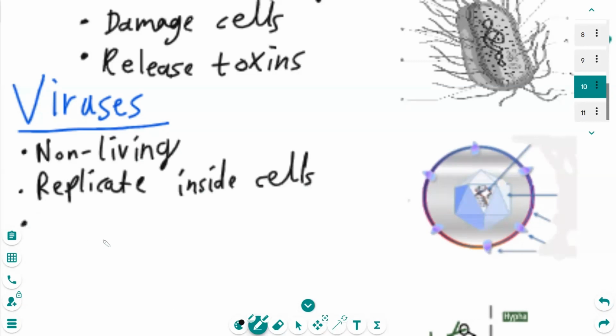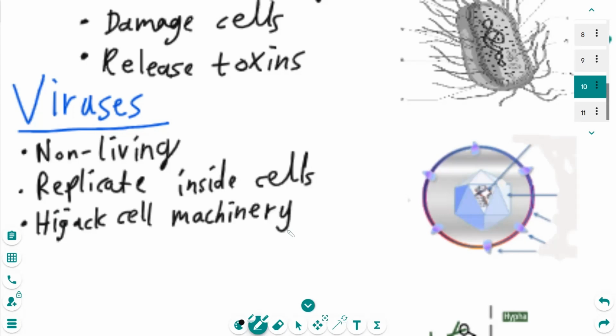And they cause many different diseases. They hijack cell machinery and use that to effectively take over the cell. So they take over the machinery that allows them to replicate themselves.